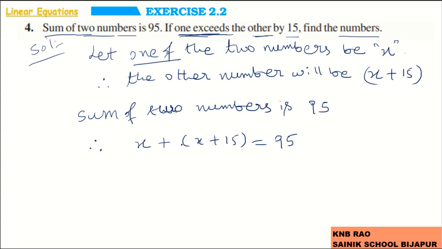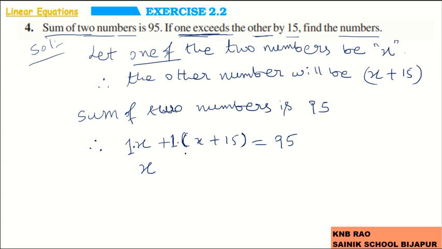Now x plus 15, here we need to remove this bracket. To remove this bracket, this plus sign will multiply. What is the plus sign here? It is plus 1 multiplying, since there is nothing, its coefficient is 1.